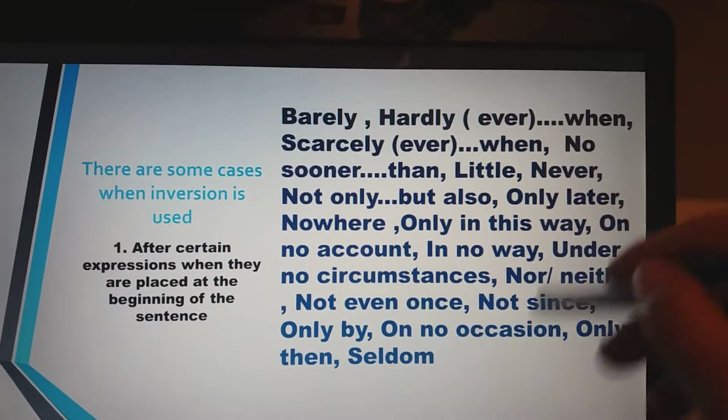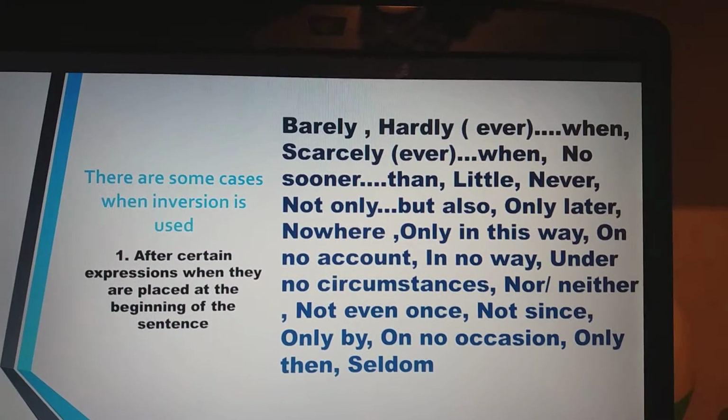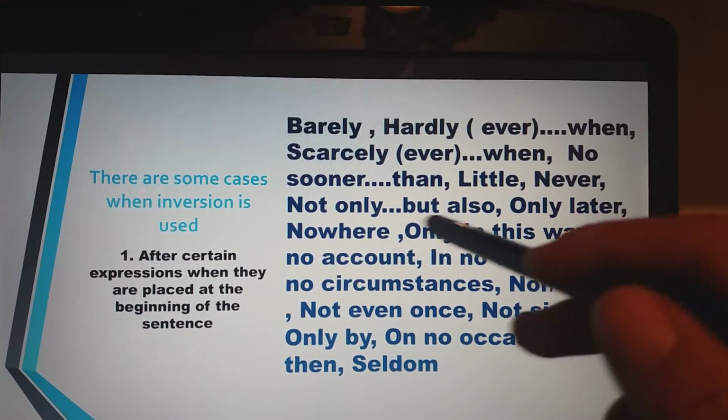Directly after these expressions, the inversion happens.